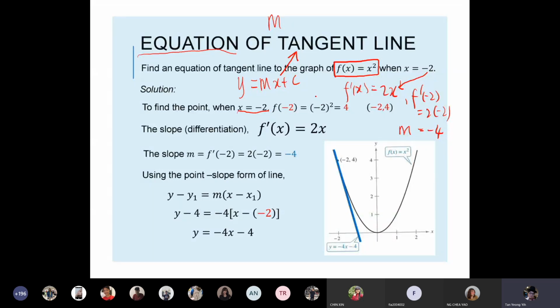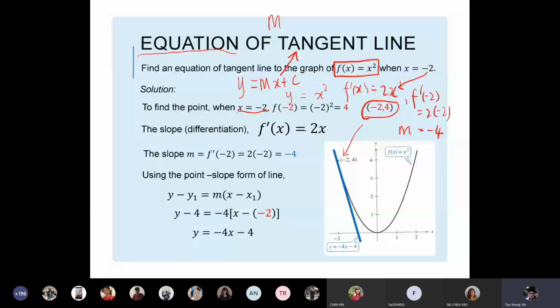All right, x squared, (-2) squared. Then we find the y is 4. So we have one point here, (-2, 4). Okay, this point is here.